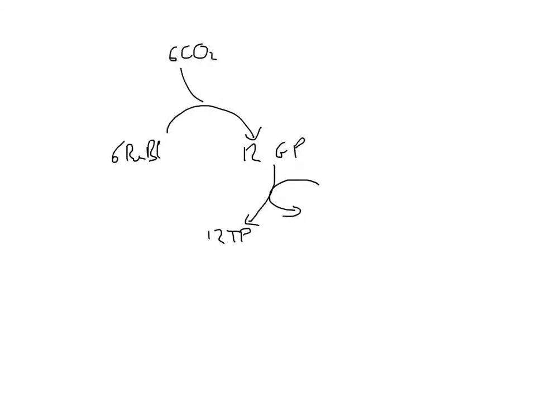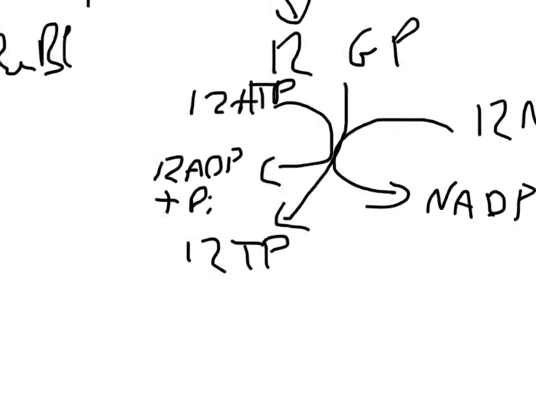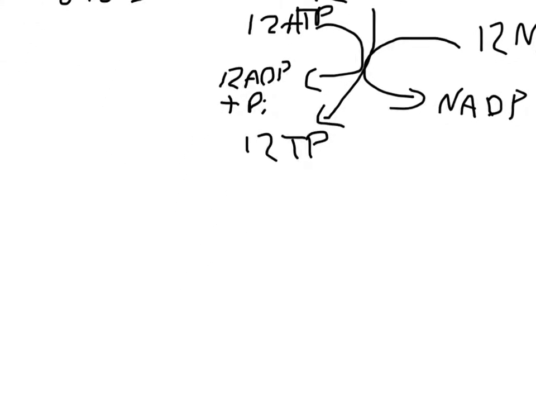This is happening 6 times, so there would be 12 NADPH2s going to 12 NADP, and then there would be 12 ATP being converted into 12 ADP plus Pi.